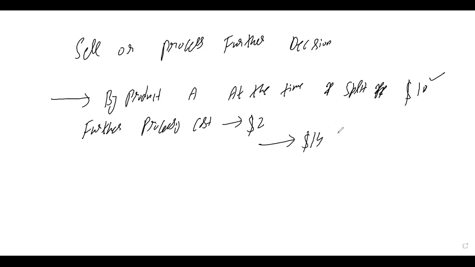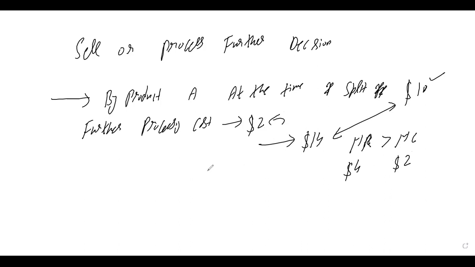So here students we have to measure how much change came in the revenue, which we call marginal revenue. MR stands for marginal revenue. The change in revenue is $4, while the change in cost, the additional cost, is only $2. So marginal revenue is greater than marginal cost. Marginal cost is actually the change in cost.